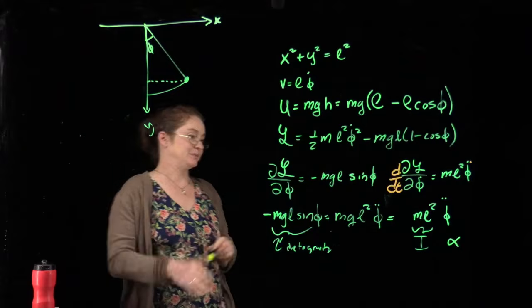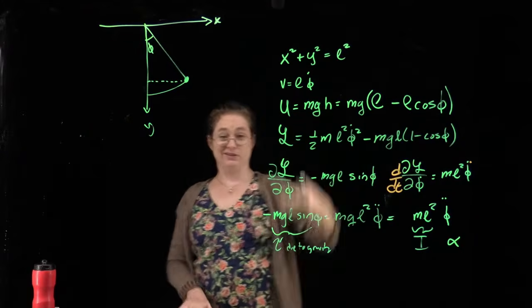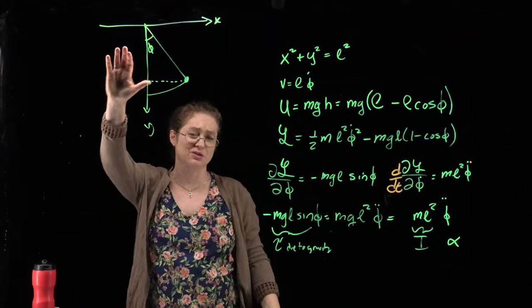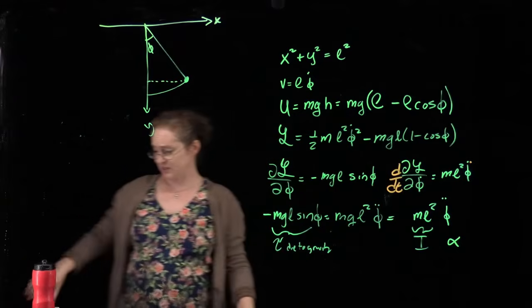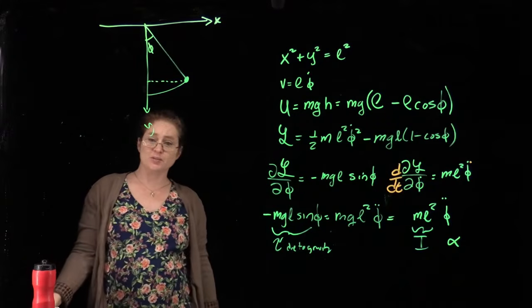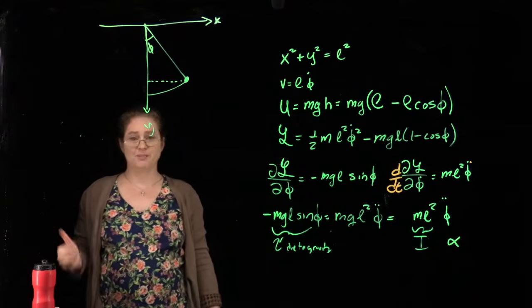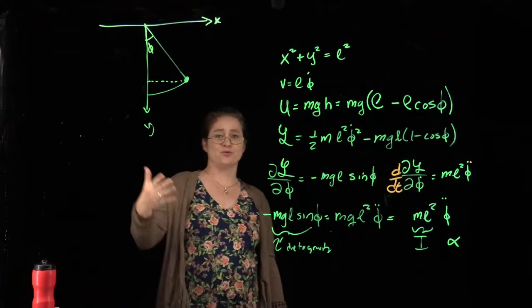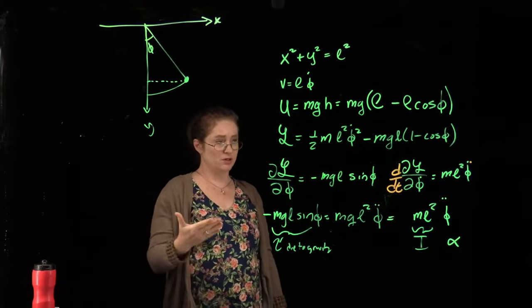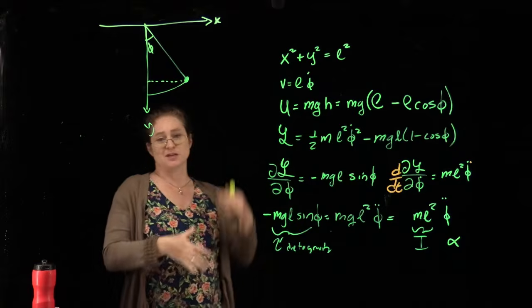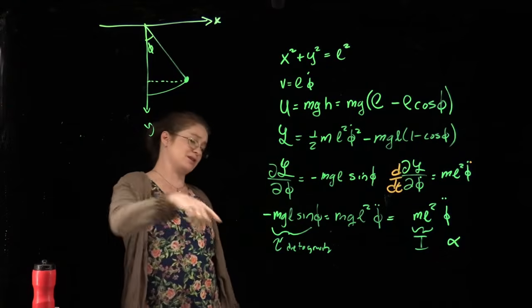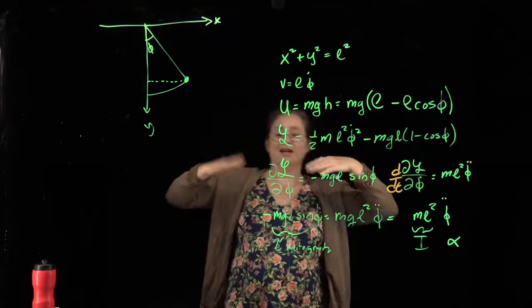If you remember the way we derive this equation in introductory physics, it's a lot more cumbersome, and it involves complicated analyses of free body diagrams, and you have to add vector forces, and it gets confusing.